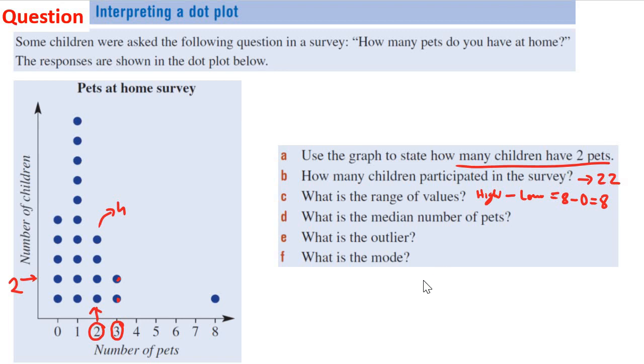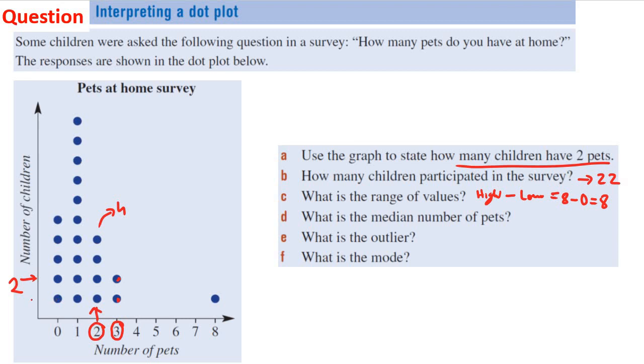The middle value is 11, right? 22 by 2 is 11. So the median value is basically the average of the 11th and the 12th value. So consider the values that the 11th and 12th children have, and their average.